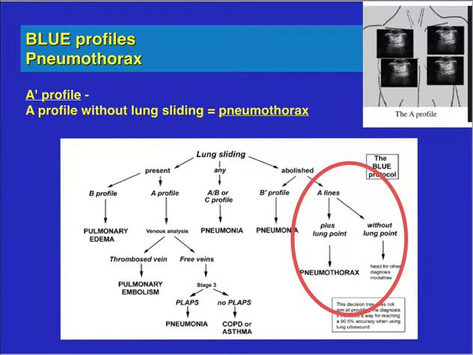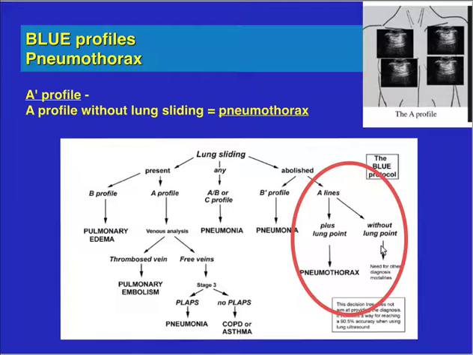So let's go through the first one. If you have an A prime profile, when you see the symbol prime in this context, it means without lung sliding. So if you have an A profile without lung sliding on a particular side, and a lung point, that indicates a pneumothorax. If you don't have a lung point, you have to look at other diagnoses, such as pulmonary fibrosis.